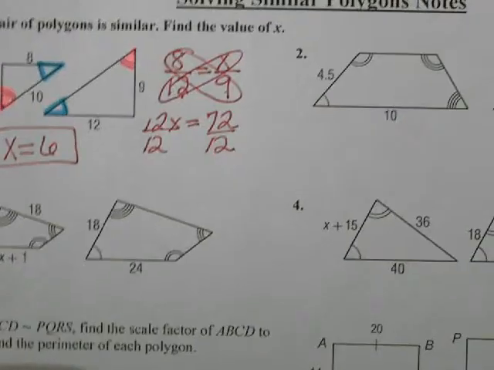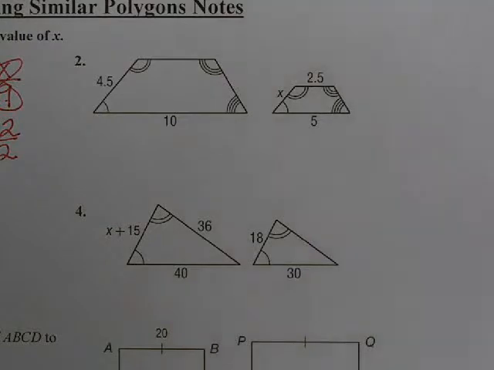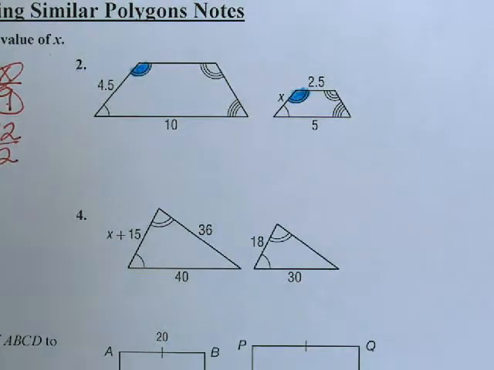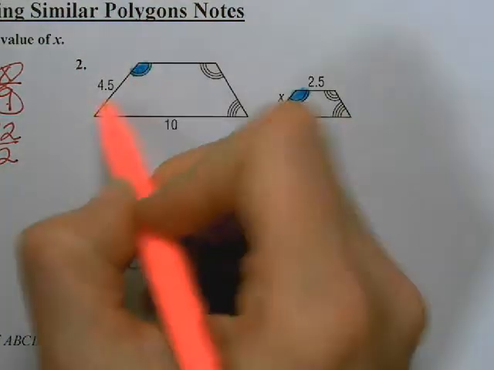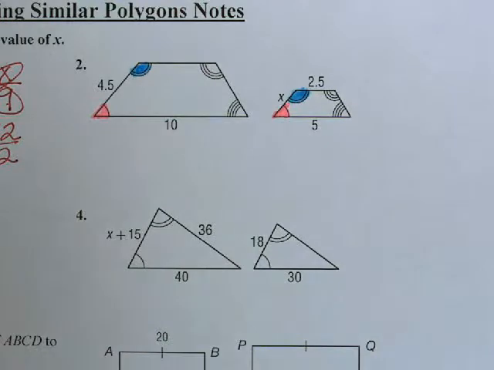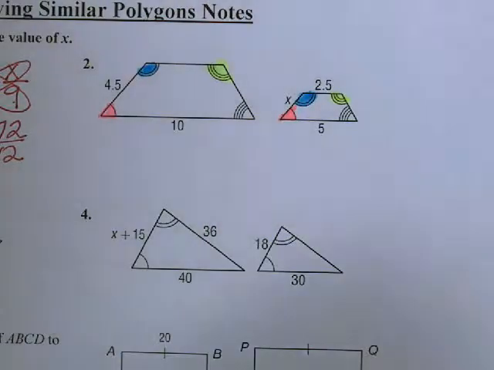Alright, on number 2, we're going to do the same thing. We're going to line up the angles that are the same. And fortunately for this one, it looks like our angles are in the same places. So it looks like our trapezoids are facing the same direction. I'm just going to verify to make sure that this angle is the same. Yep.